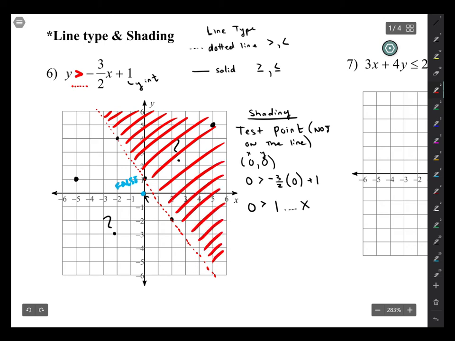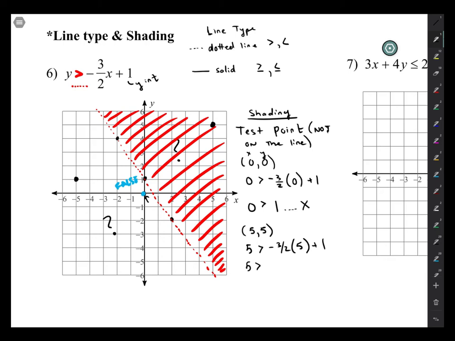Just to show you, had you picked this point here, so had we picked 5, 5, and you only need to pick one test point, we would have is 5 greater than negative 3 halves times 5 plus 1, and that would simplify to 5 greater than, using my calculator here real quick, negative 7.5 plus 1, and 5 certainly is greater than negative 6.5.